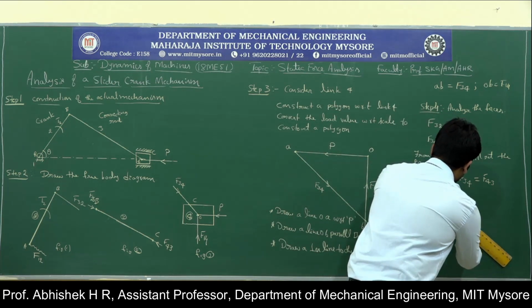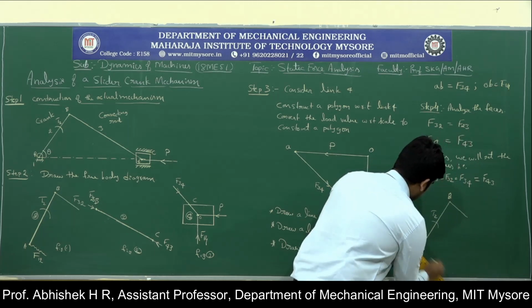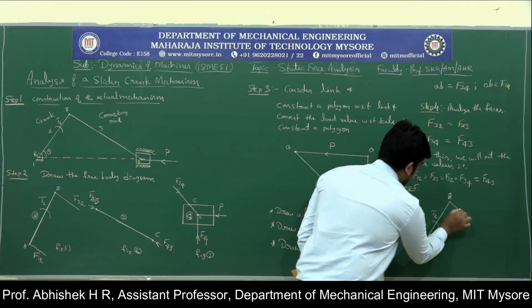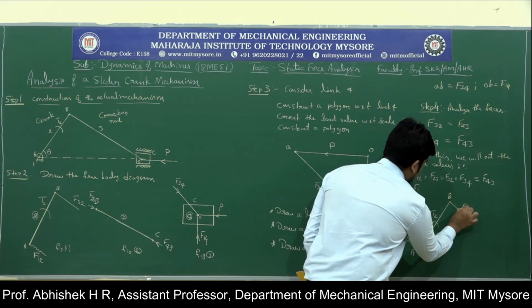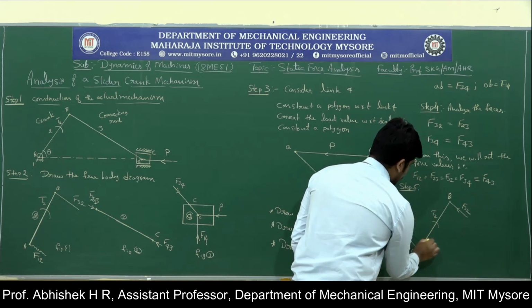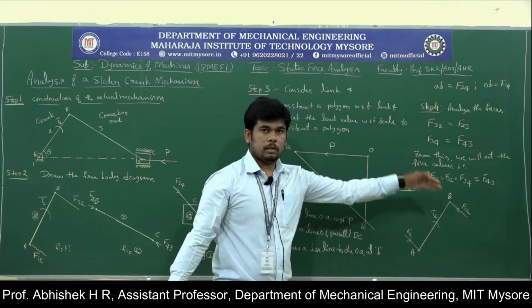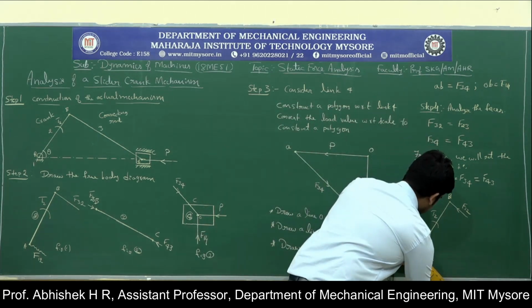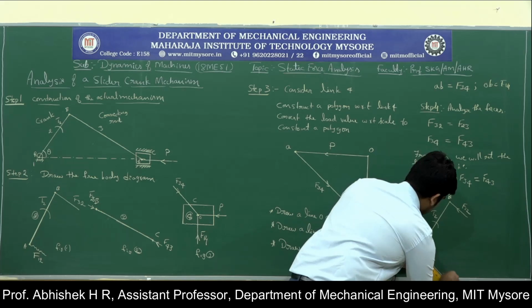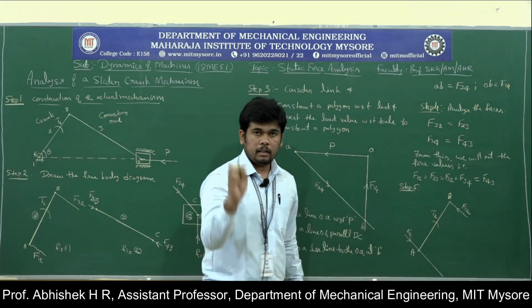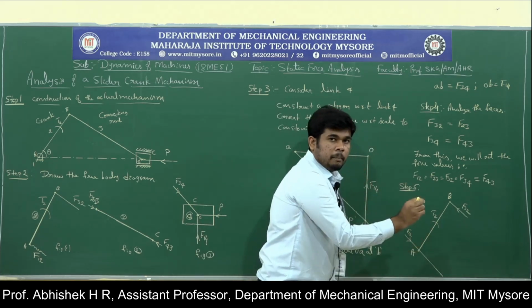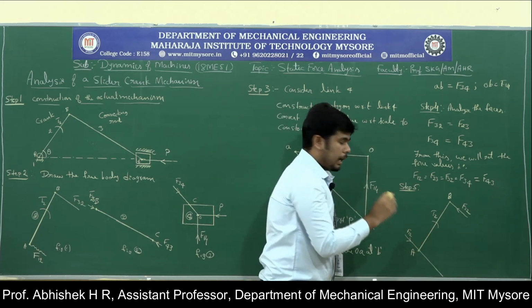So parallel to that draw a line F32 as well as the F12. F12, this is F32. Why? Because in the opposite direction of the two force member. So just extend this line, and take your protractor, put it on the straight line here, measure the 90-degree mark.